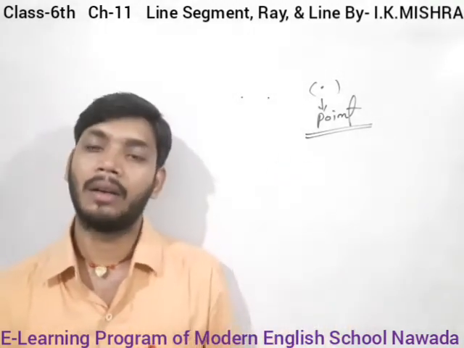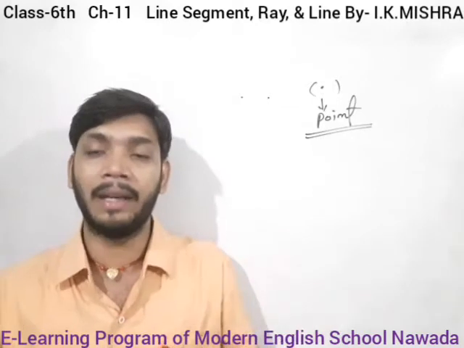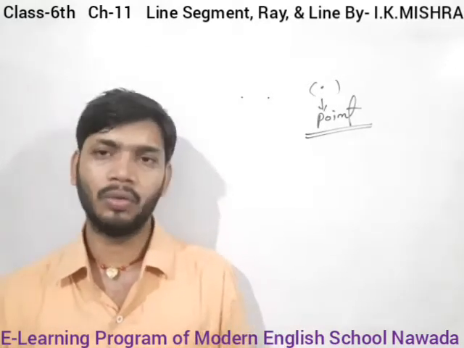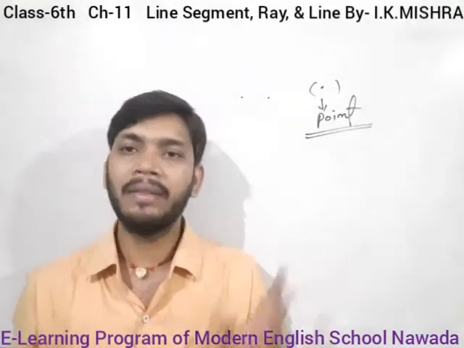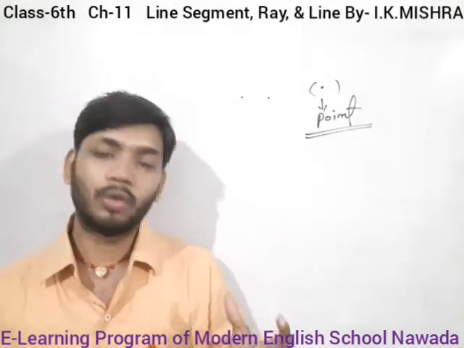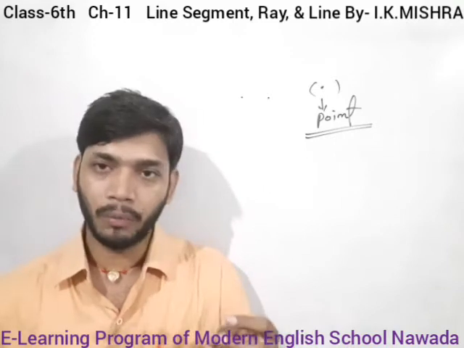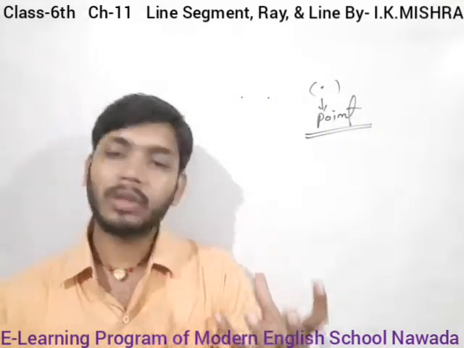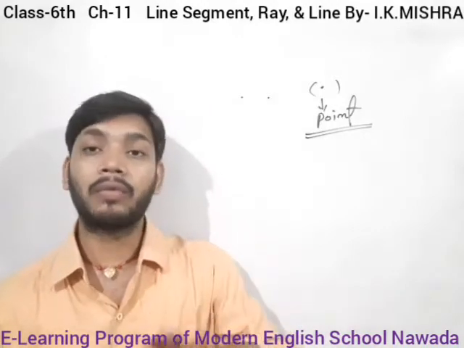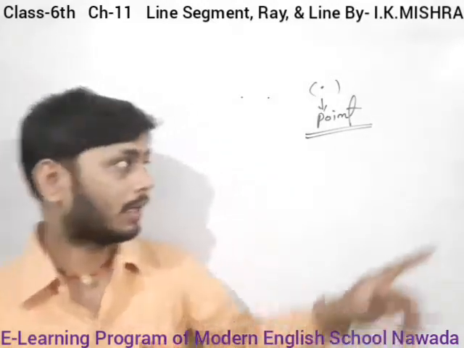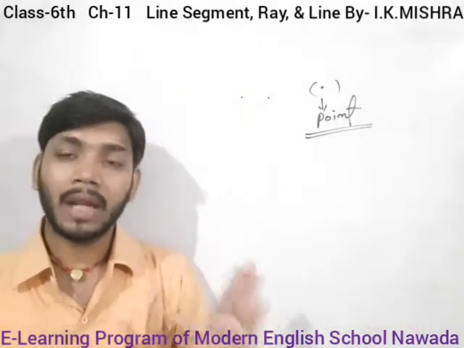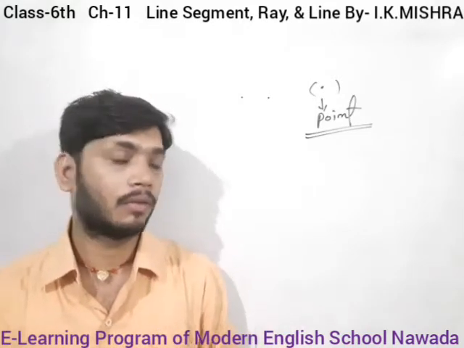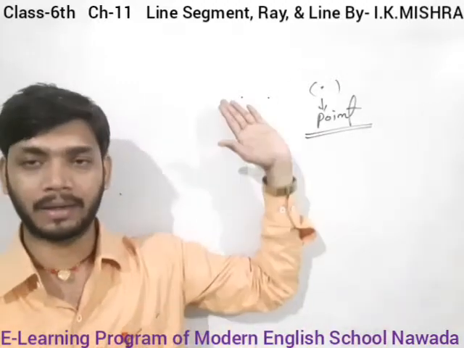And here a question is asked, what do you mean by plane? Students, observe. You already observed many things. Suppose you observe a ball and this is the board. Ball surface is not flat, but here board surface is flat.